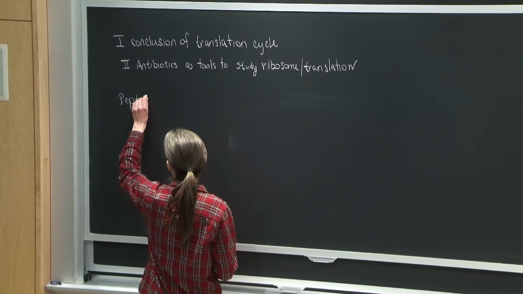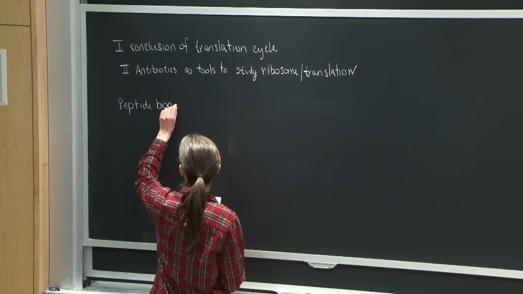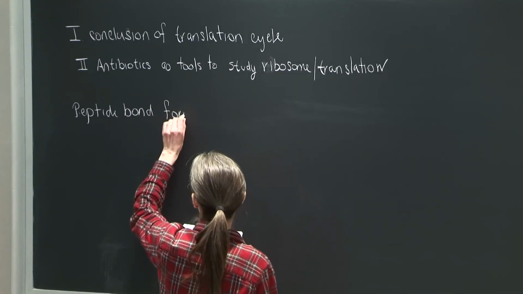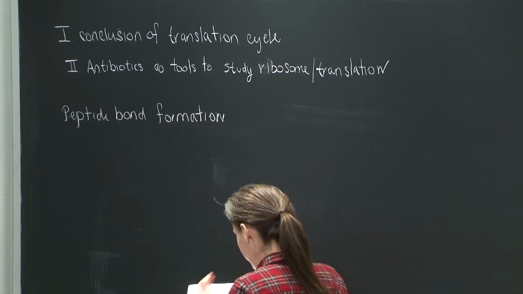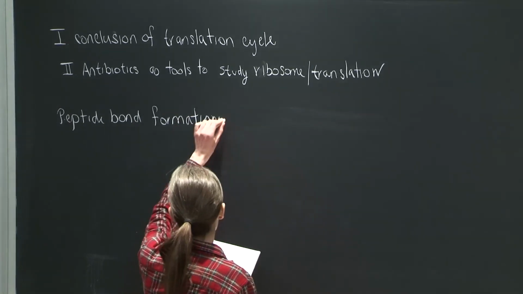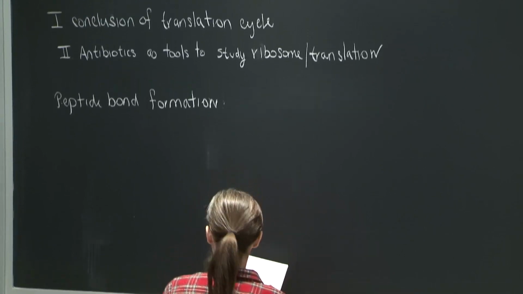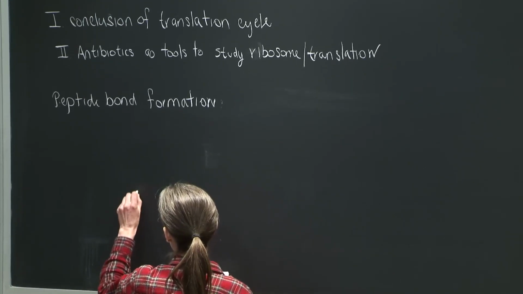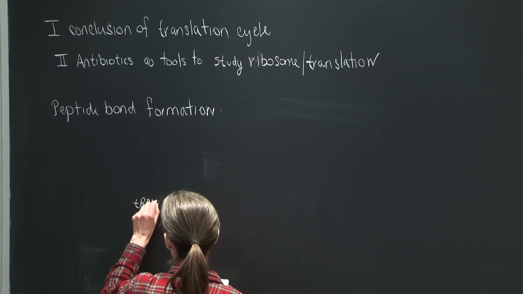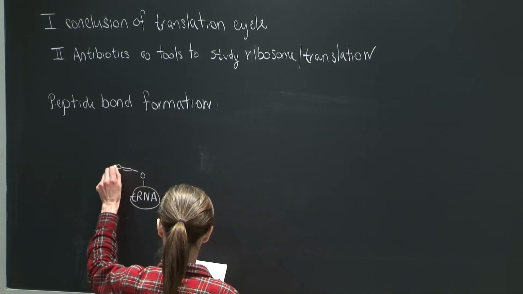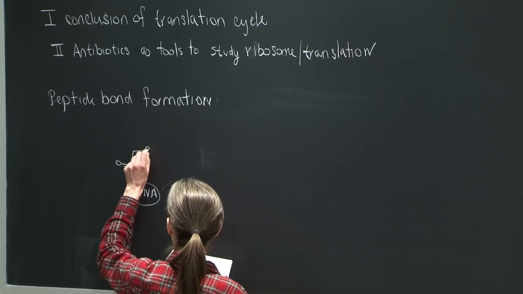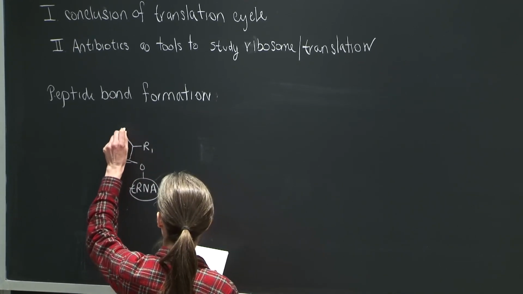And so we need to think about that mechanism and then what happens after. So effectively, what we have in the P site is the tRNA with some growing peptide chain.